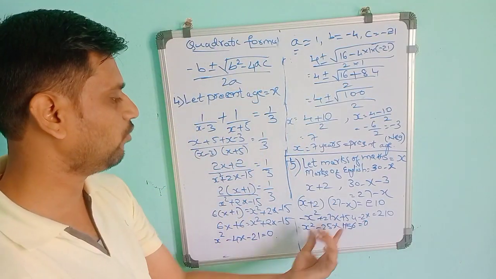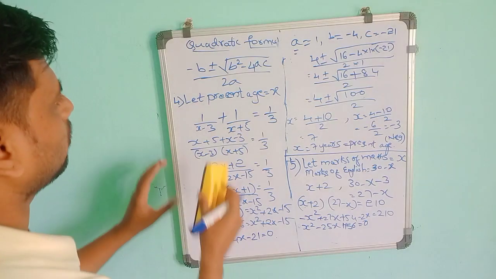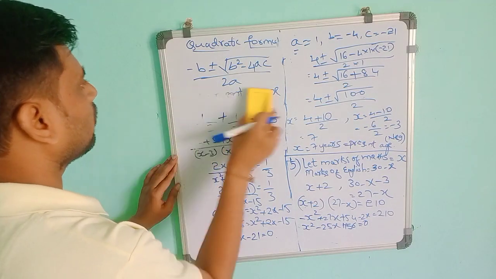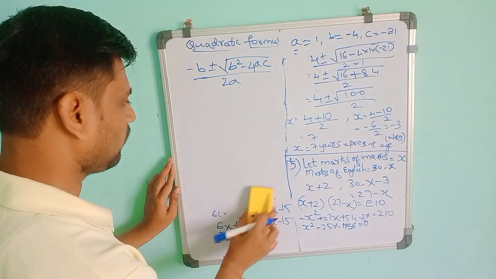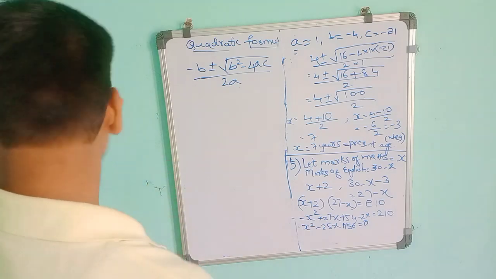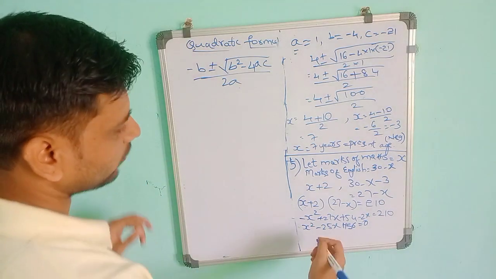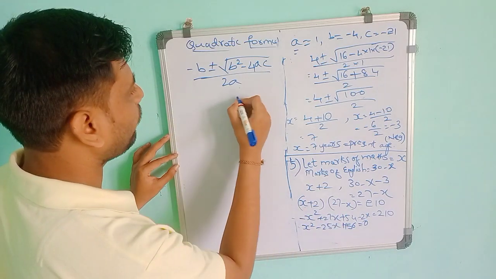Then you got the quadratic equation. Then you have to solve this one. So x square minus 25x plus 156. So you can take this 156.